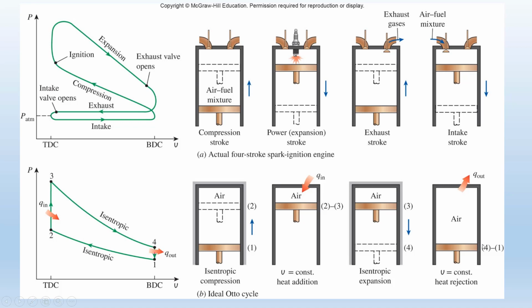Step 4 to 1, again the piston is stationary, and heat is rejected at constant volume. So the actual spark ignition engine has four strokes, while our ideal model has two strokes. So this is the main difference. Four stroke, two stroke.